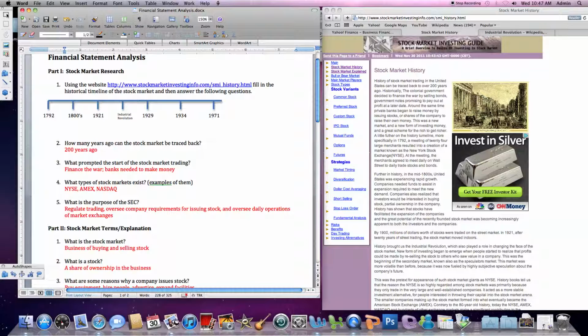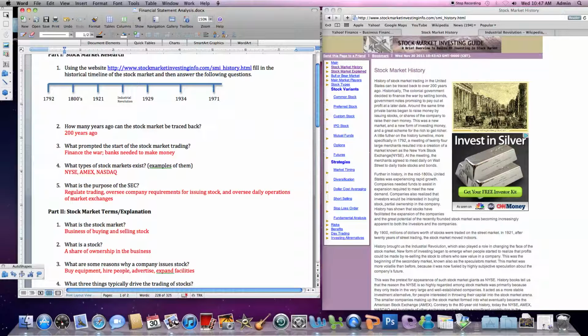Okay, moving on then to how many years ago could the stock market be traced back? 200 years. Number 3, people or businesses used, when the stock market started, they used the money to finance the war, and also banks realized they could make money by selling stock, so the banks also started doing that.